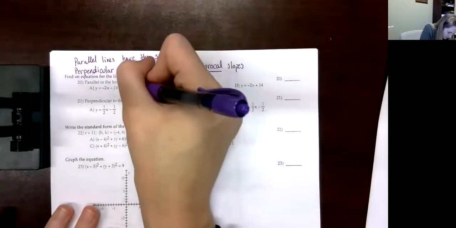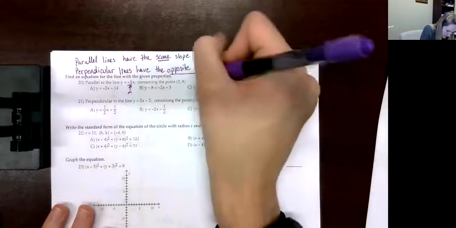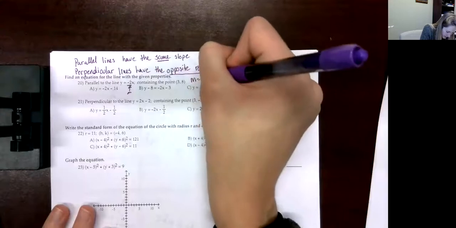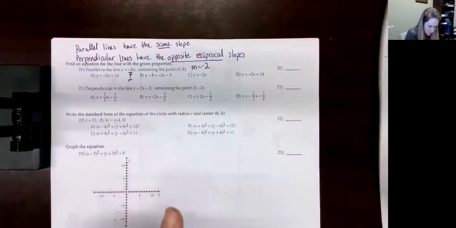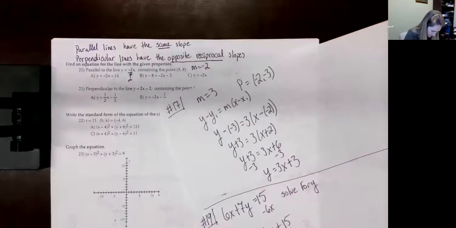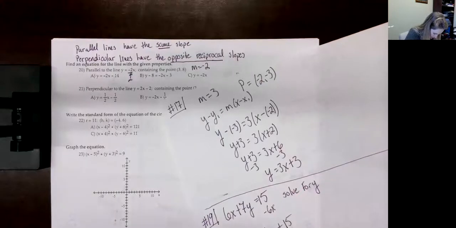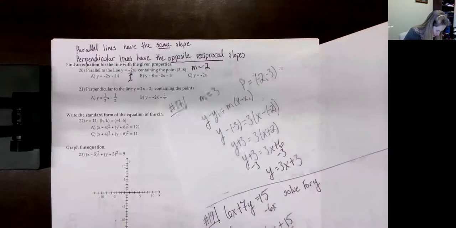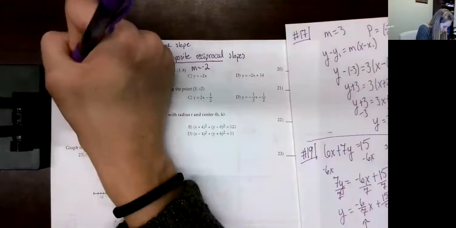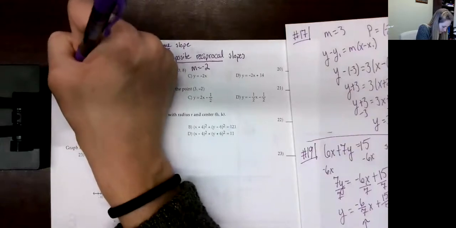So this one right here, I know that my slope is the same as this line. So my slope is negative 2. And the point I need is 3, 8. Making notes for y'all if anyone follows along on these. Okay.